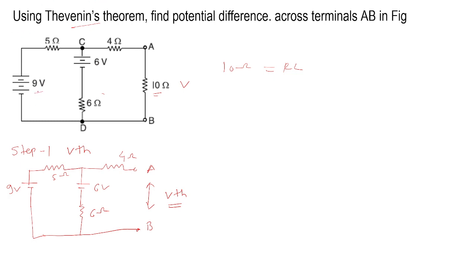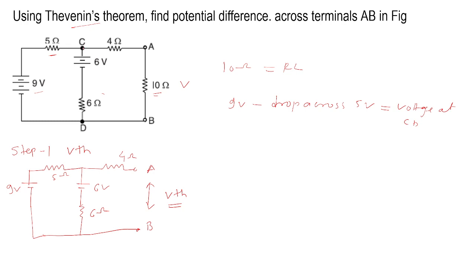This is the 9 volt voltage source. Okay, 9 volt. Again, here a 5 ohm resistor is given. This is the 5 ohm resistor. 9 volt minus whatever drop occurs across this 5 ohm resistor, that is nothing but the voltage at the CD point.